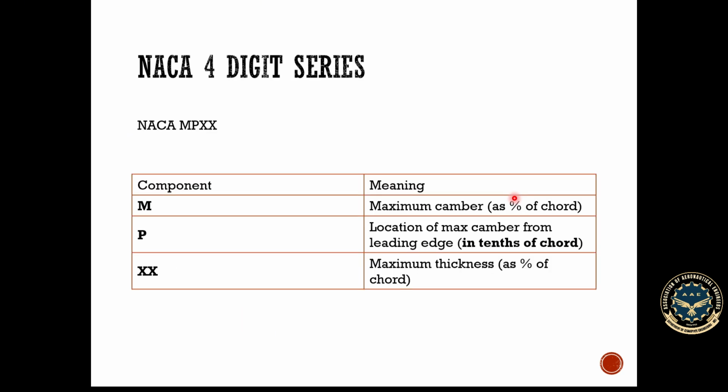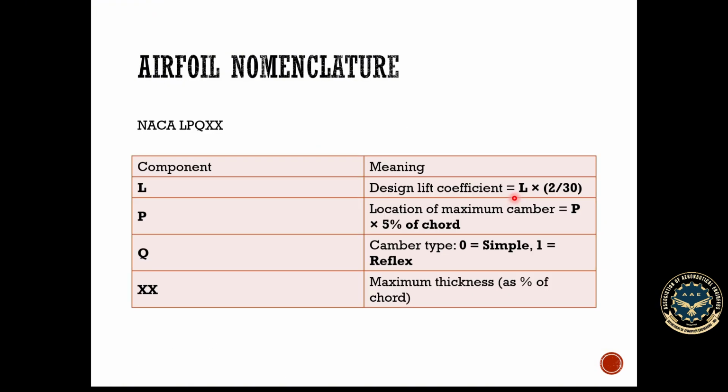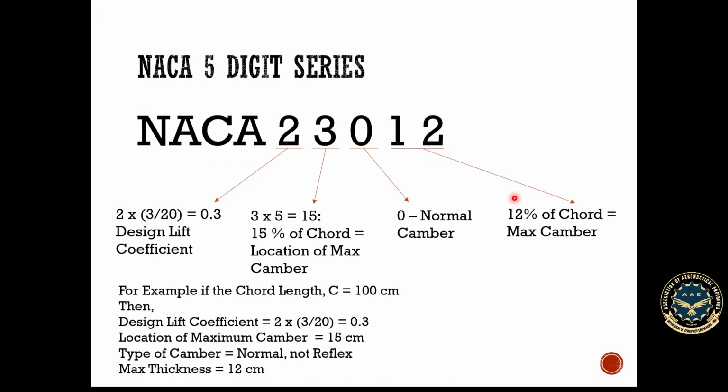That's the reflex airfoil. So the digit Q tells the type of airfoil, whether it is normal or reflex. And XX, just like the 4-digit series, tells you the maximum thickness in percentage of chord.